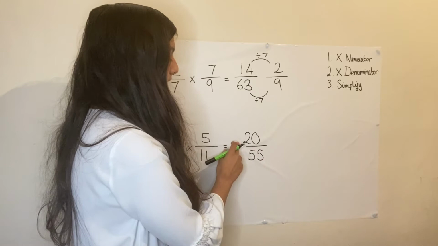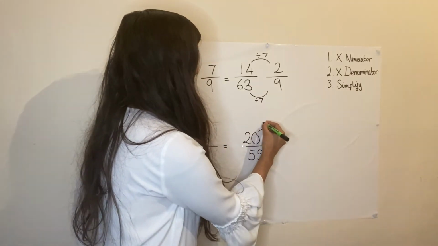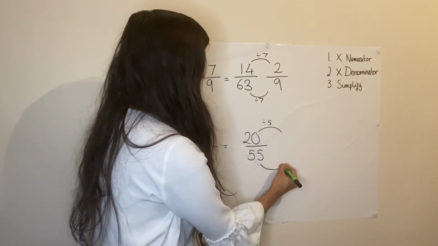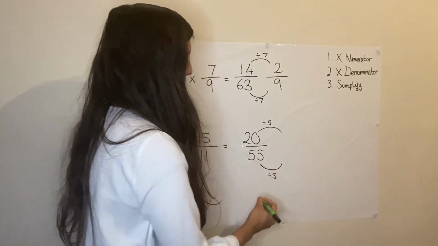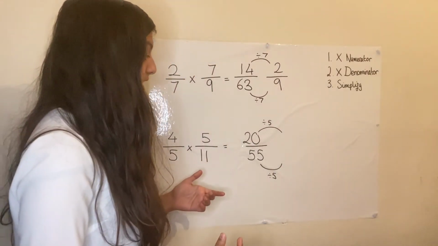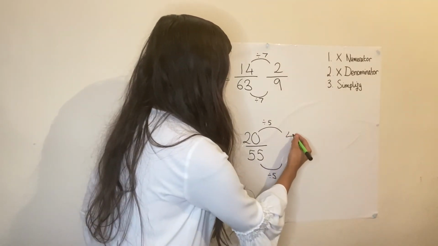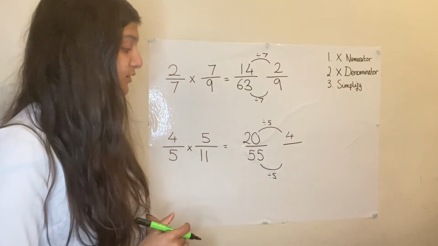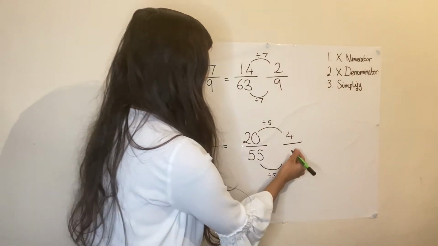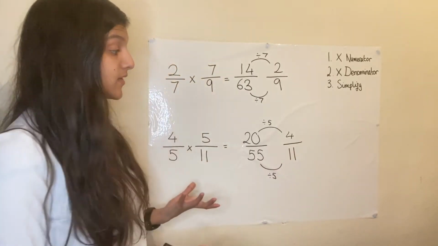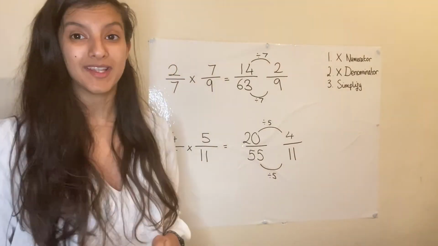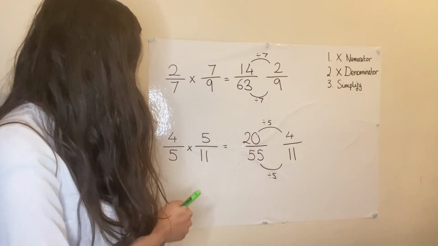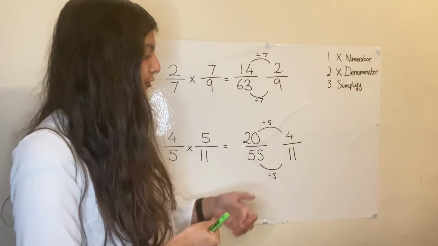So I need to divide my numerator by 5 and my denominator by 5. 20 divided by 5 is 4. And 55 divided by 5 is 11. I can't simplify 4/11, so that tells me that 4 over 5 multiplied by 5 over 11 is 4 over 11.